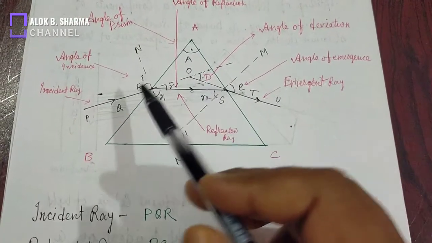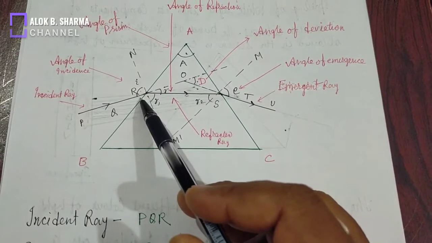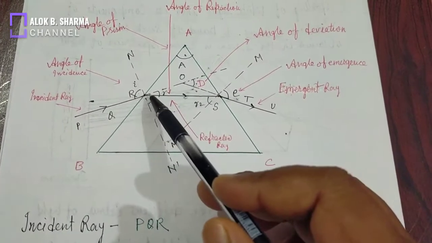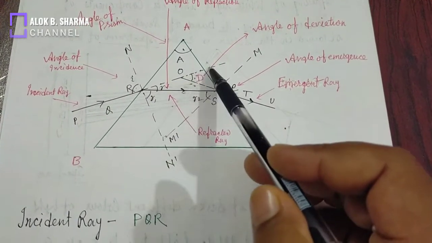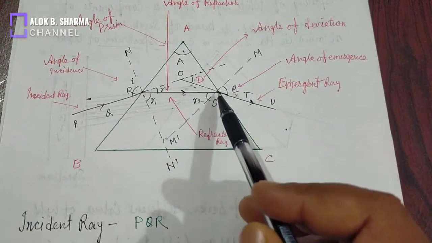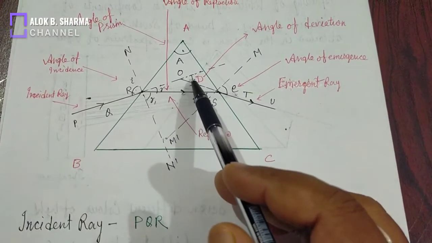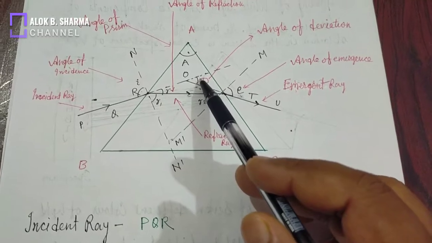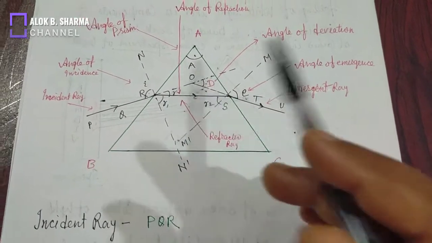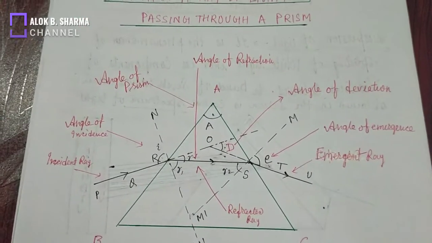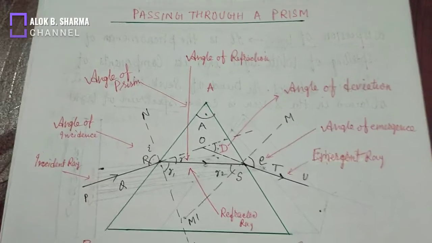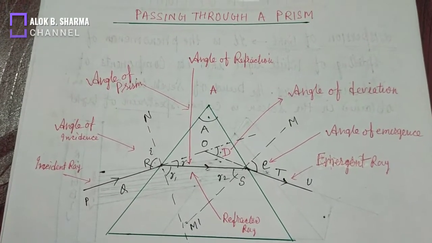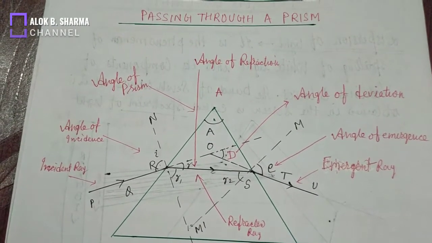I repeat it again. This is the incident ray, and when we produce this incident ray forward and this emergent ray backward, there is a point where these two rays meet and forms an angle. So this is called angle of deviation. So these are the important terms related to prism, and now we will see the dispersion of light.